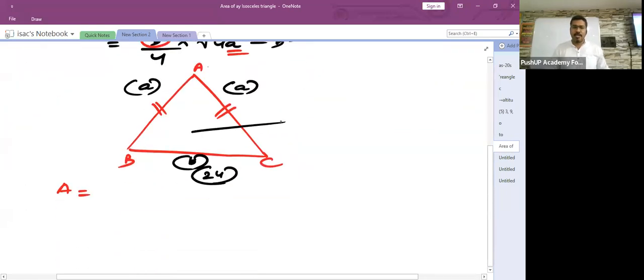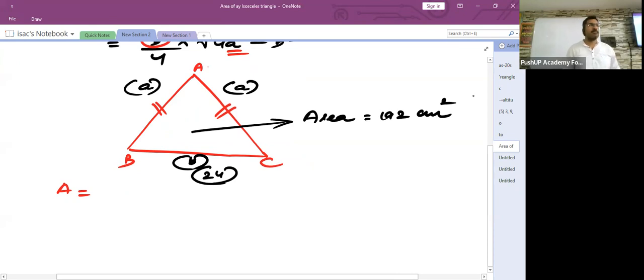So they have mentioned the area of this isosceles triangle is equal to 192 centimeter square. They are asking us to find what? The perimeter of this triangle.